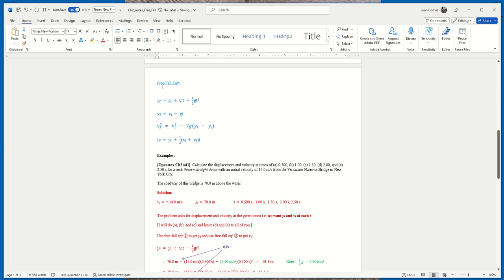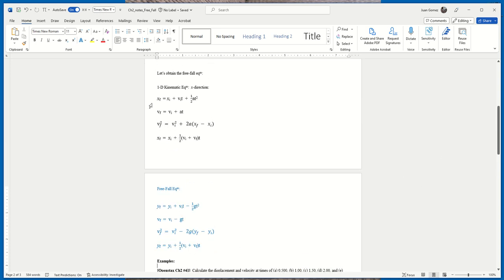So we get the following free fall equations, again 1 through 4, in the order in which I write them: from top to bottom, equation 1, 2, 3, and 4. All I've done is take these 4 equations, replace x with y, and replace a with negative g.